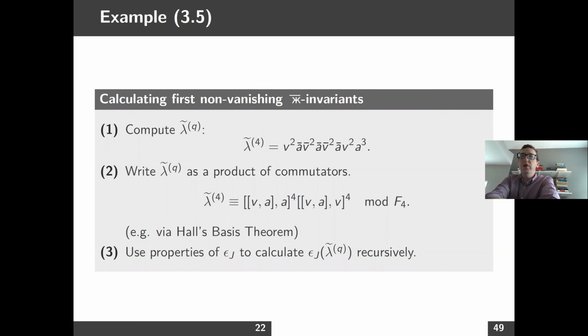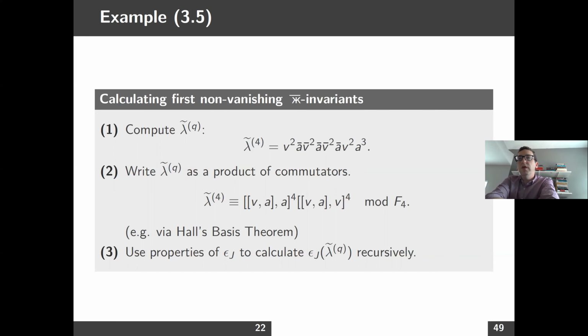And then what you do is you calculate its image in the nilpotent quotient. So for our case, up to order 3, all the longitudes are trivial. So we're going to look at the invariants of order 4, which means we have to calculate the 4th longitude. So you just do that in the usual way. That's what it's equal to for 3.5.